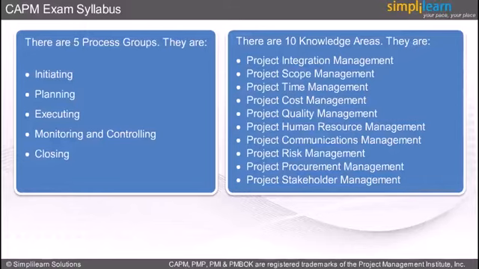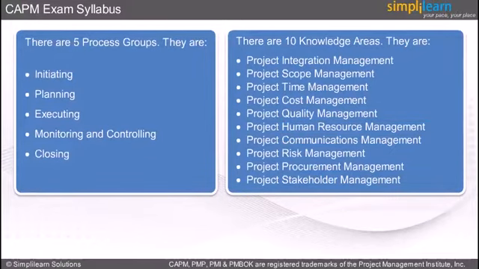A knowledge area may have some processes which are to be done in the project planning process group, and some other processes to be done in the project monitoring and control process group. For example, in the human resource management knowledge area, plan human resource management is a process in the project planning group, and another process, manage project team, is in the project execution group.